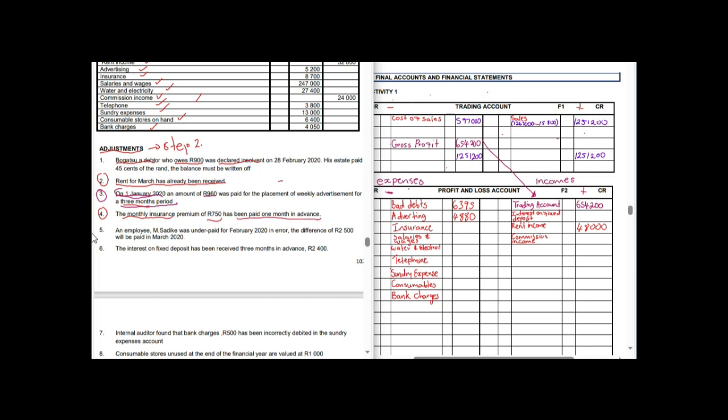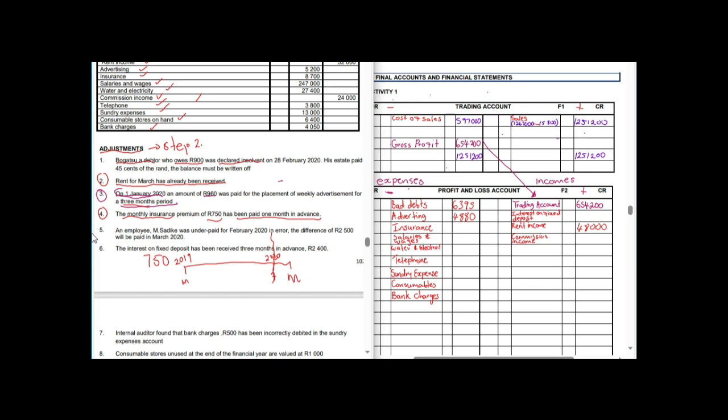Meaning we paid 750 1 month in advance. Whenever we show our timeline, it will be February 2020, the end of our financial year, as well as March 2019, the beginning, and it was paid 1 month in advance, which is March.